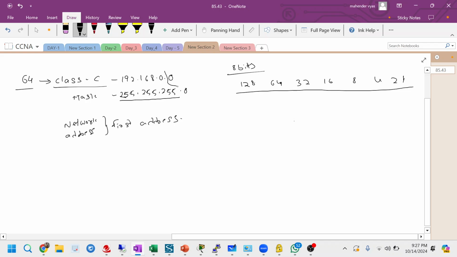The first three octets are all ones, so write as it is, 192.168.0. Now the last octet is 0. 0 means it is host entries, right? So if you see 0 0 0 0 0 0 0 0, we call it 0 now. 0 is our network address.